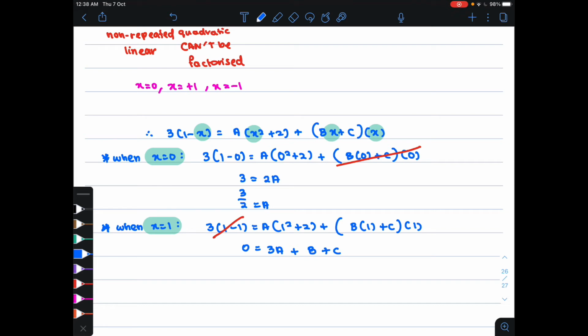Zero is 3A plus B plus C. But don't forget A is 3 over 2.